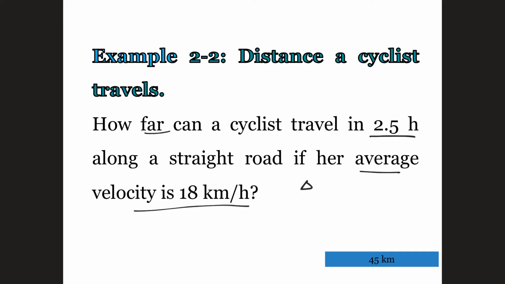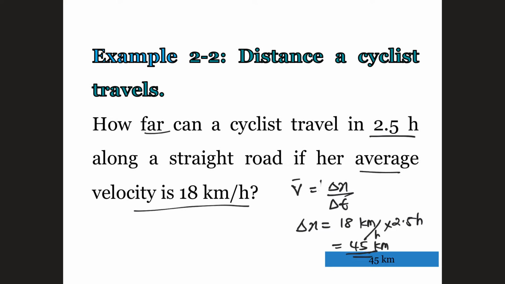So from the formula, average velocity equals change of position divided by change of time. Right now we are going to find the change of position. So 18 km per hour multiplied by 2.5 hours, so you are going to get 45 kilometers. Okay, very simple, right?